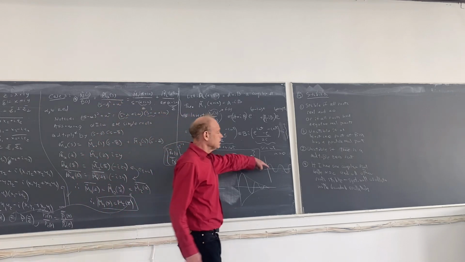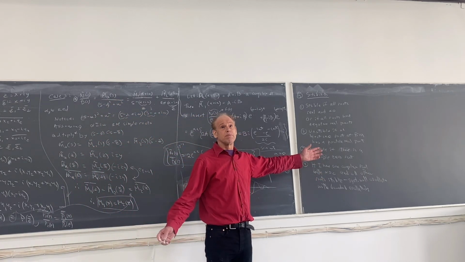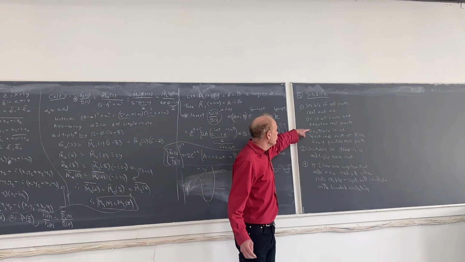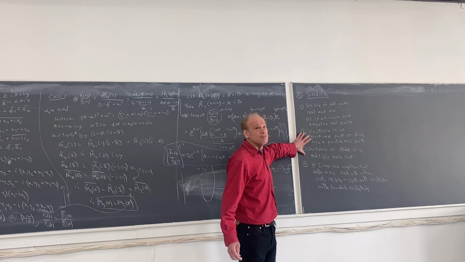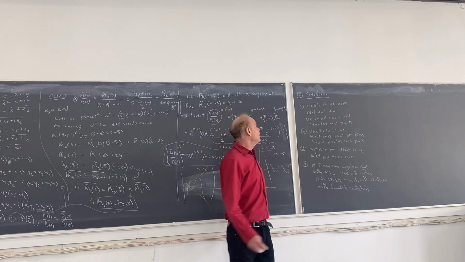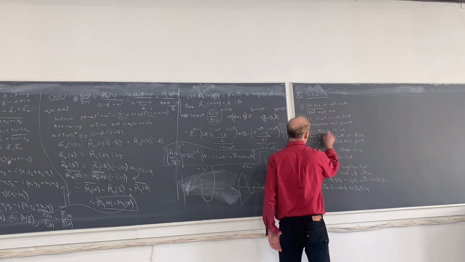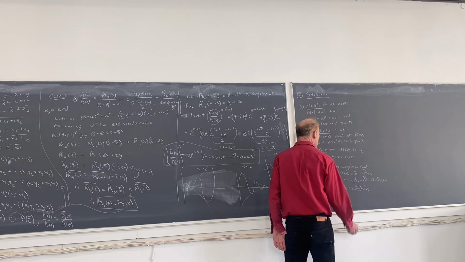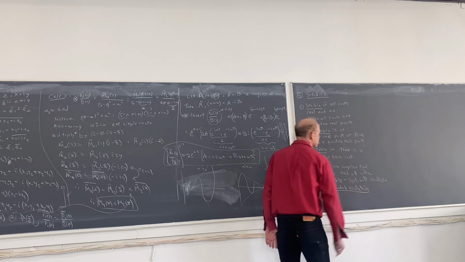So it'll just oscillate like this. This is if all the other roots are stable. If one of the other roots is not, if I'm in either of these two cases, these cases will win. So here I have conditions for stable, for unstable, and for bounded oscillations.